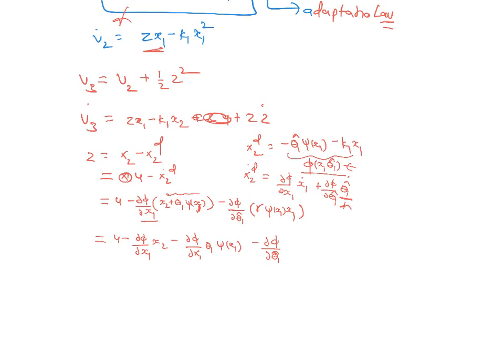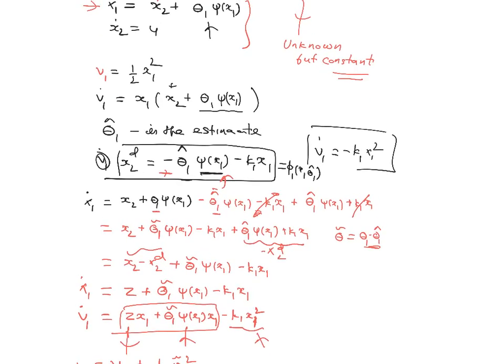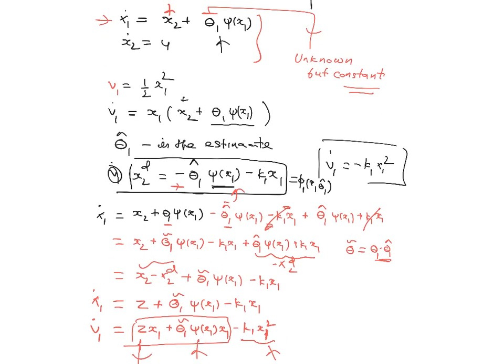It will be more clear if we do the first part. Instead of x2 desired, it is just u. So u equals minus theta 1 phi x1 minus k1 x1.